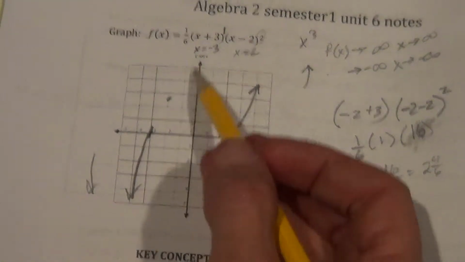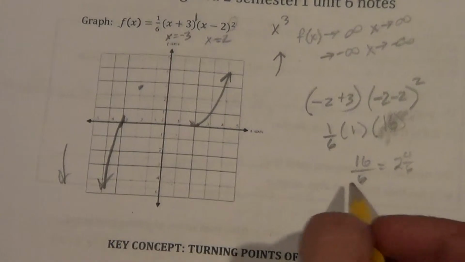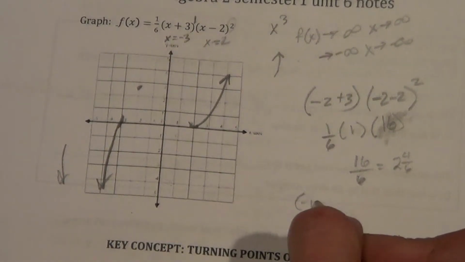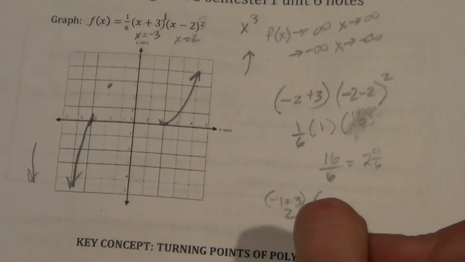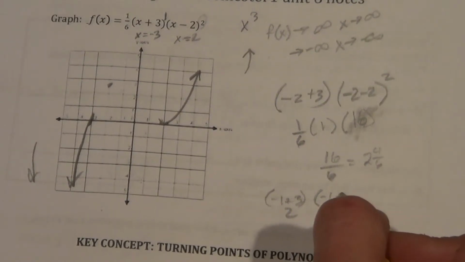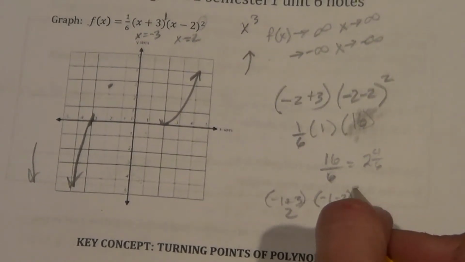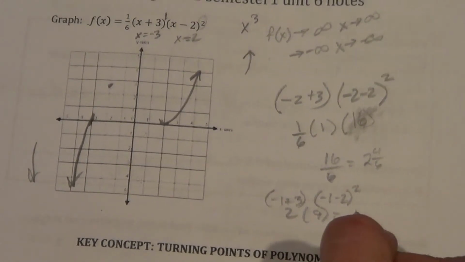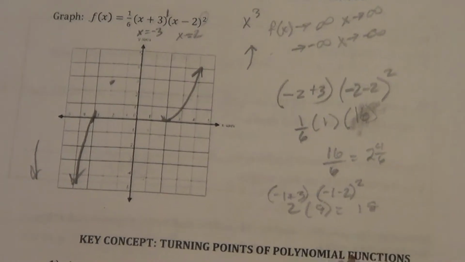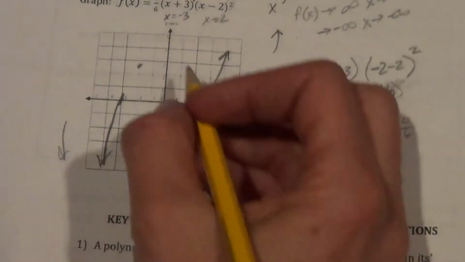Now we plug in negative 1. Negative 1 plus 3 would be 2. Negative 1 minus 2 is negative 3. Squared would be 9. That equals 18. We take a sixth of 18, and that would be 3.